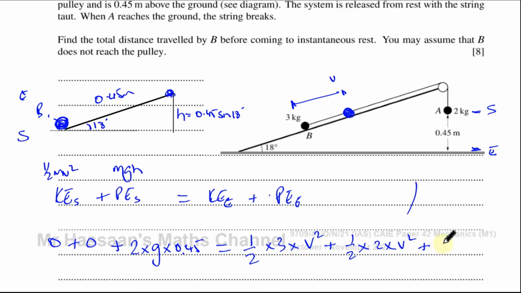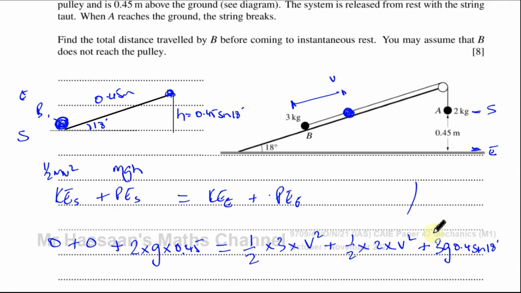And then we've got to add to that the potential energy of the system. So this has got 0, but this has moved up. So you've got m, which in this case for B is 3, times g times h, which is 0.45 sine 18.